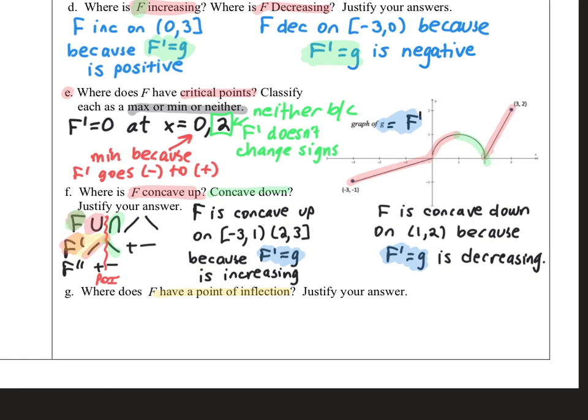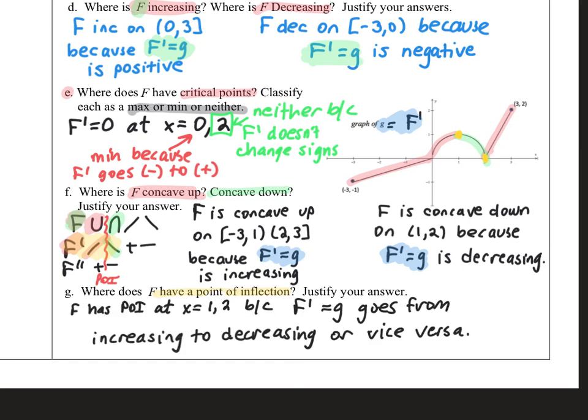So I'm looking for where f prime goes increase to decrease or vice versa. So when I look at this, I'm increasing, increasing, increasing until I get to x equals 1. And once I hit x equals 1, this goes on the decrease until I get to 2. And then I'm increasing again. So I have 2 points of inflection. One of them is at the 1 and one of them is at the 2.